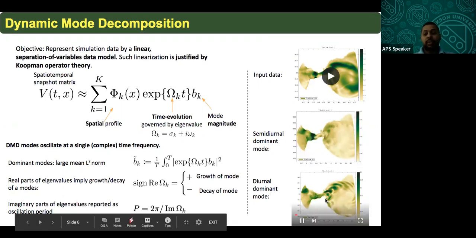So basically, we have a lot of features in the data. Then we can use the eigenvalues to isolate some special features. That is the power of this algorithm.